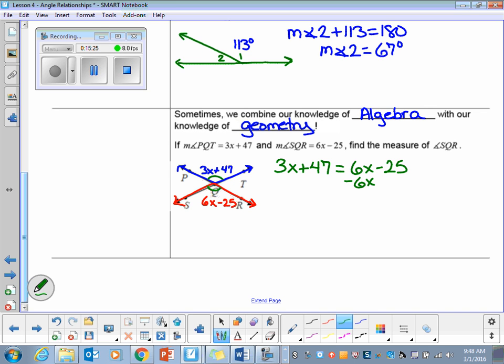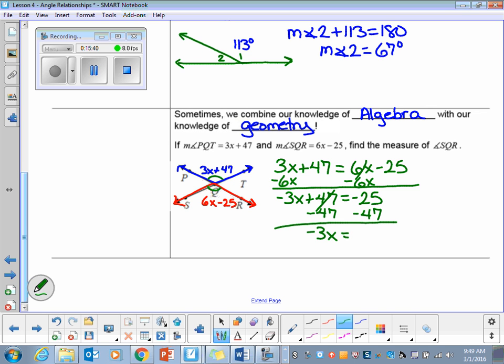Subtract your 6x, negative 3x plus 47 equals negative 25. Subtract the 47. Negative 3x equals negative 25 minus 47, negative 72. Divide by negative 3, and x equals 24.